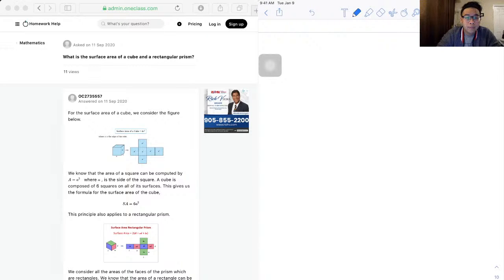So coming up, we have our next question. It's asking what is the surface area of a cube and a rectangular prism.